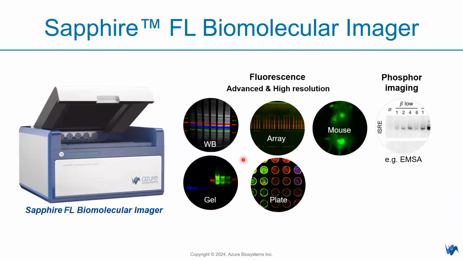We are moving on from a general, medium range of resolution in fluorescence signal detection to high resolution and advanced fluorescence detection. It covers different specs: not only are we looking at resolution, we're looking at different depth as well. Sapphire FL also covers phosphor imaging that uses radioisotope labeling.